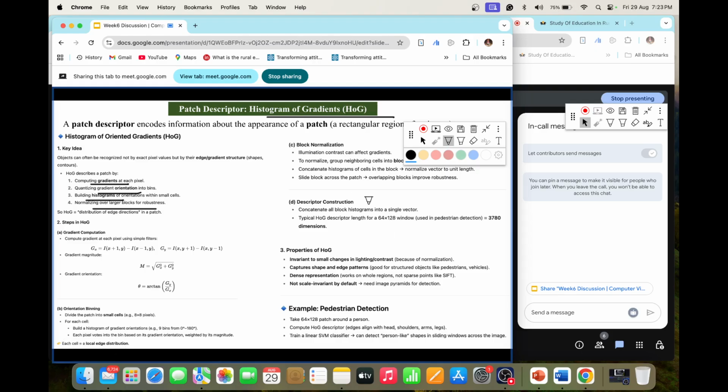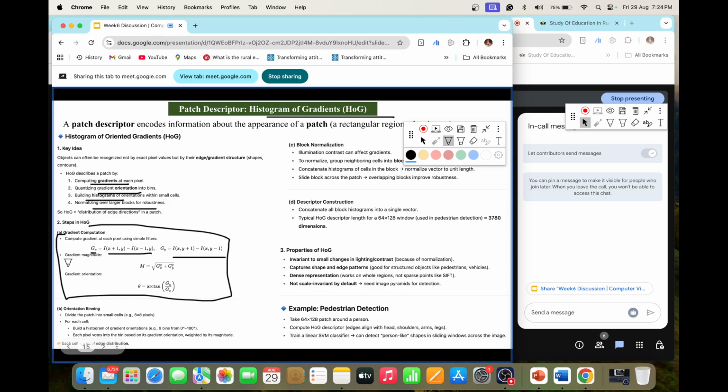These are the steps, you can read them, but this formula is important: how to do the gradient computation. Like Ix, which I have told you about, here we use Gx for gradient. You can denote it as either Ix or Gx. It is given by Ix plus 1 y minus Ix minus 1 y, and Iy or Gy is given by Ixy plus 1 minus Ixy minus 1.